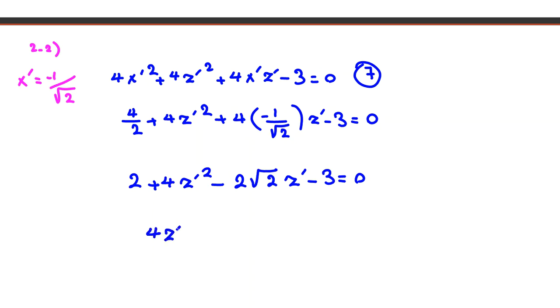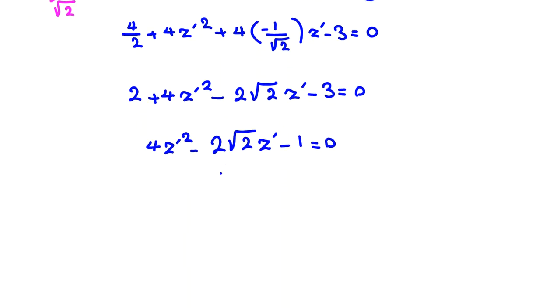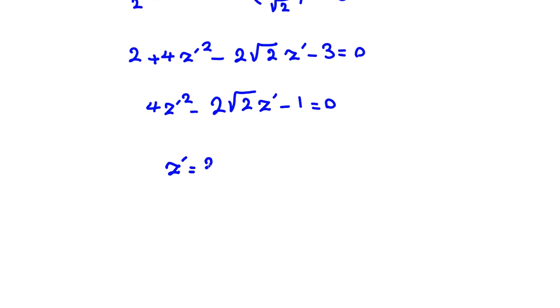So 4z prime squared minus 2 root 2 z prime minus 1 equal to 0. So z prime is what? Is 2 root 2 plus minus square root of 4 times 2, 8, minus 4 times negative 1 plus 16 over 2 times 4, 8.